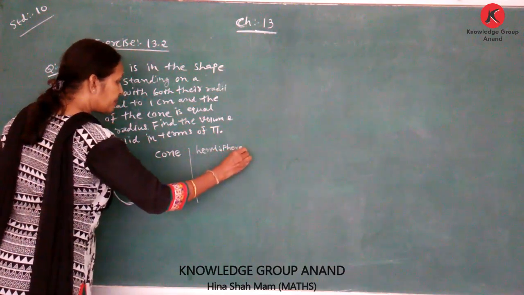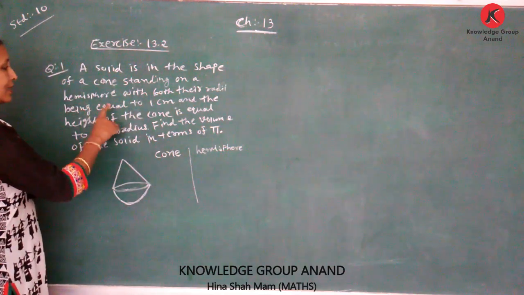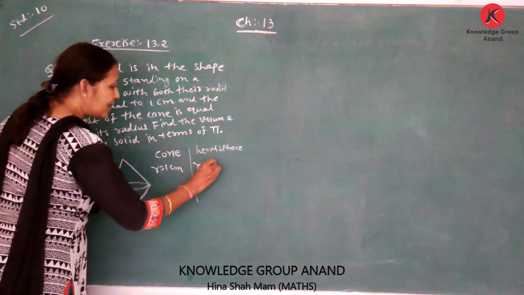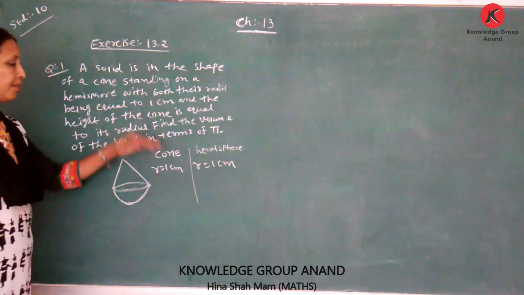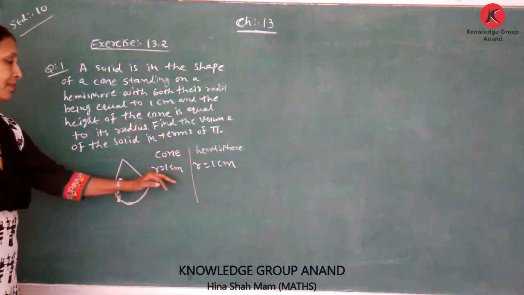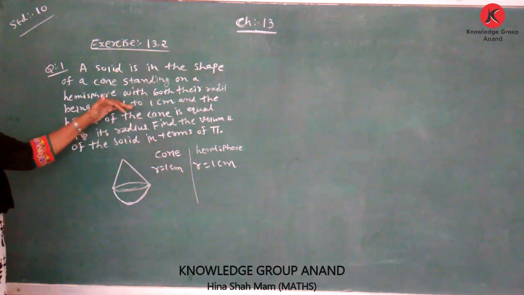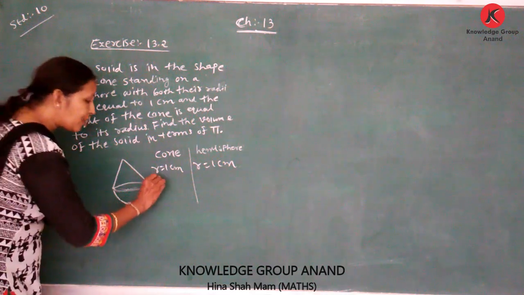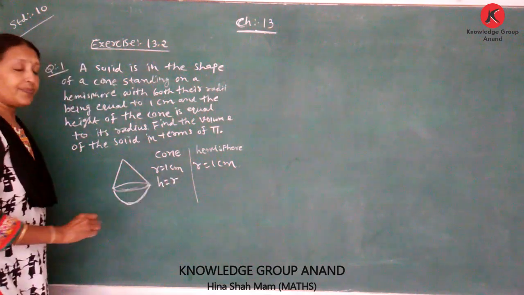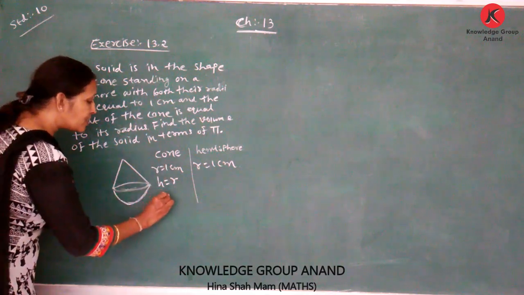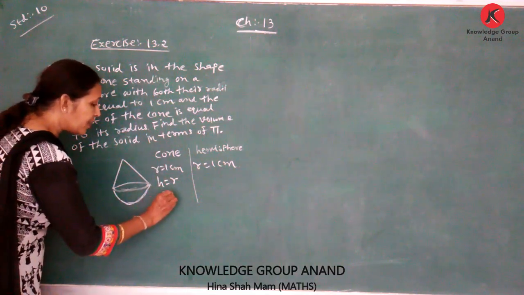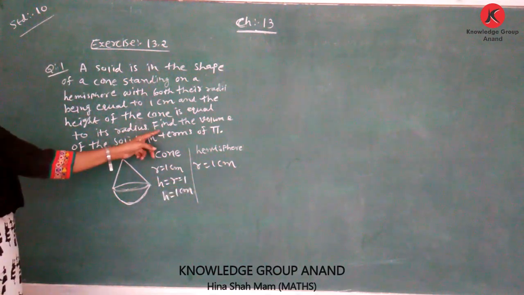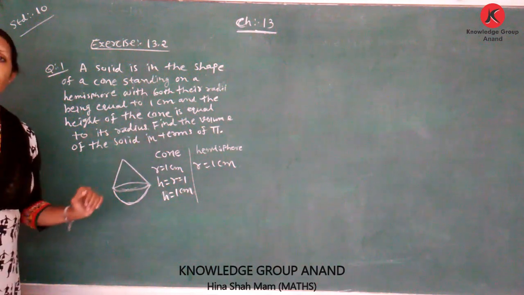In question, both radii are same. Therefore, R is equal to 1 centimeter and r is equal to 1 centimeter. Both indicate small r is equal to 1 centimeter. And the height of the cone is equal to its radius, which is 1 centimeter. Therefore, h is equal to 1 centimeter. Find the volume in the terms of pi.